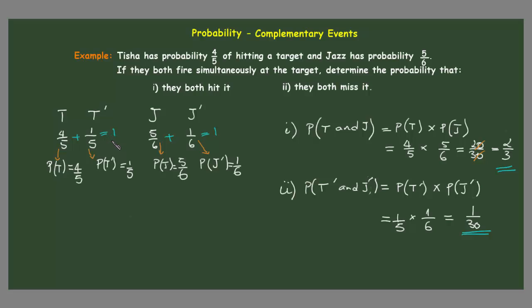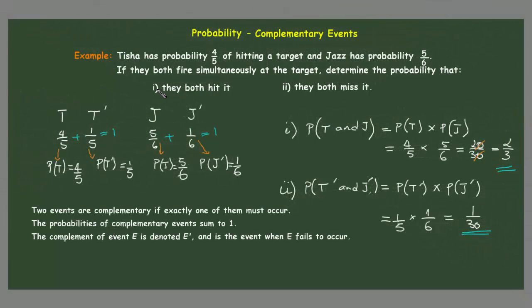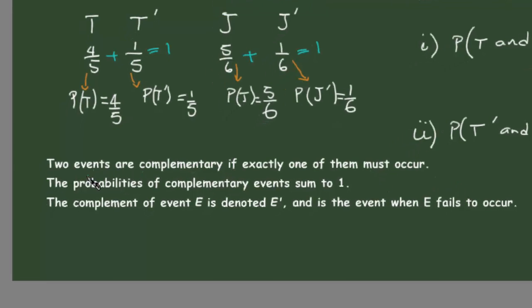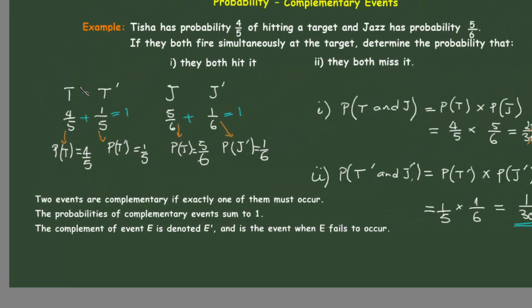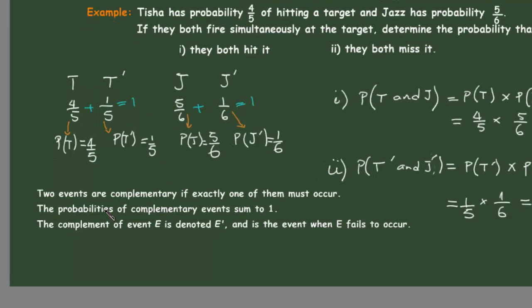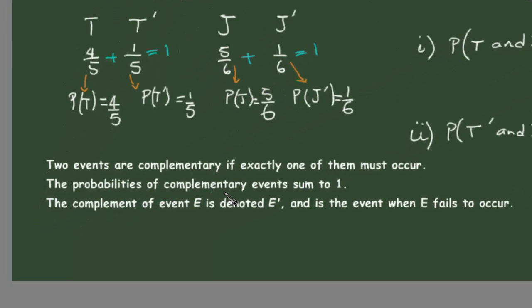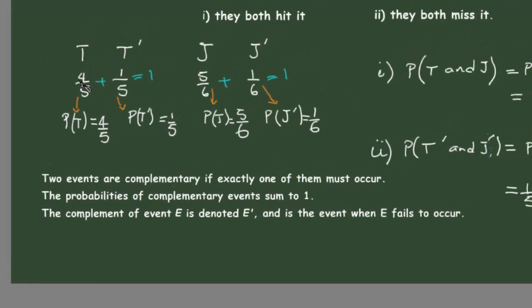Now, with this example, we're coming to the conclusion that two events are complementary if exactly one of them must occur. It means that if T is not occurring, of course, T prime will occur. So one of them must occur. And the probabilities of complementary events sum to 1. If you add them up together, you're going to have 1. The same thing with Jazz here.